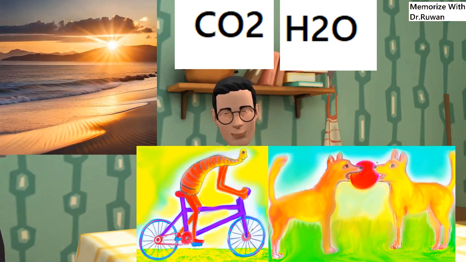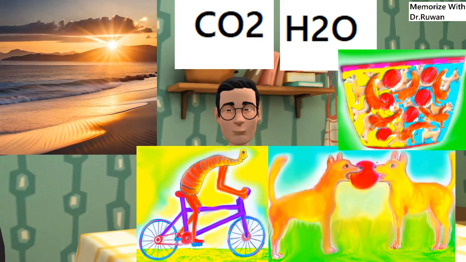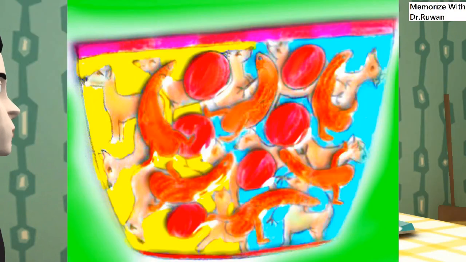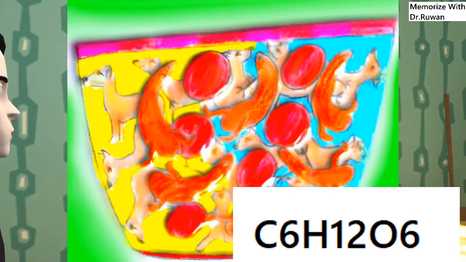When water and carbon dioxide combine like this, they stick together and form 6 leeches, 12 dogs, and 6 lumps of buns, which represents C6H12O6. We call this glucose. This process happens inside plants.